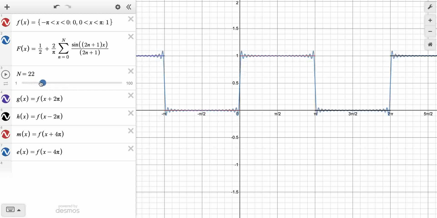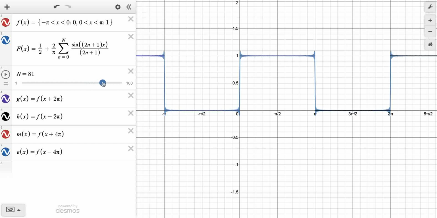You can see that more and more terms give convergence, but the peak really does not change its amplitude. It should be 9% of the amplitude of my jump, so 9% of 1, which is 0.09. And you can see the convergence of my Fourier series to my original function.